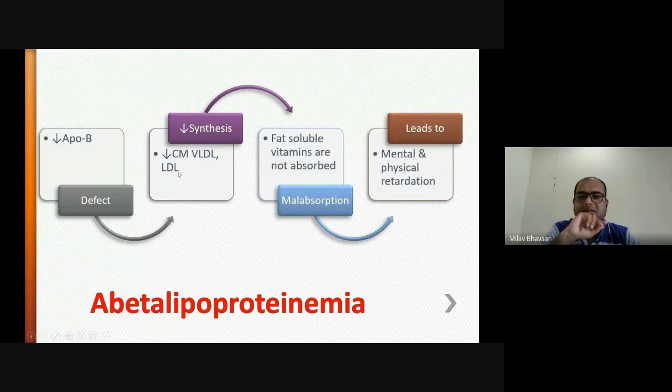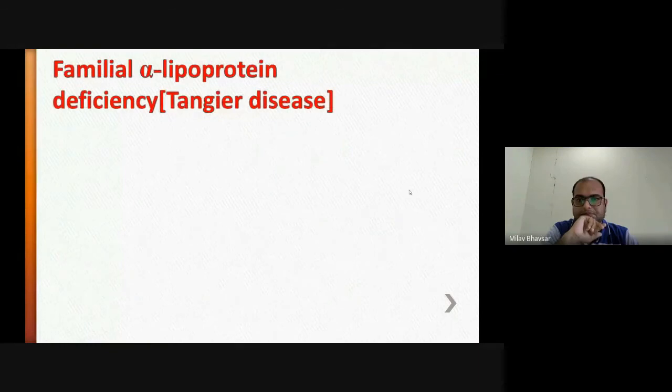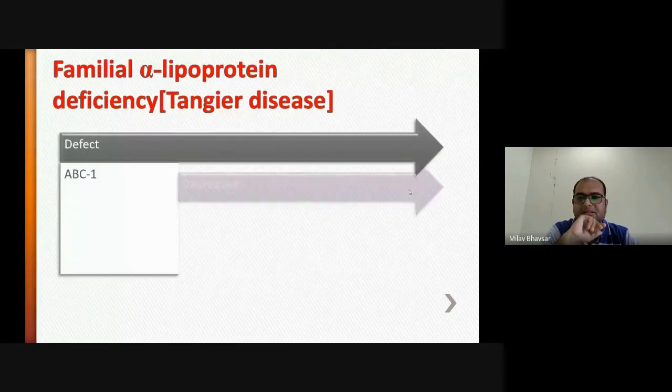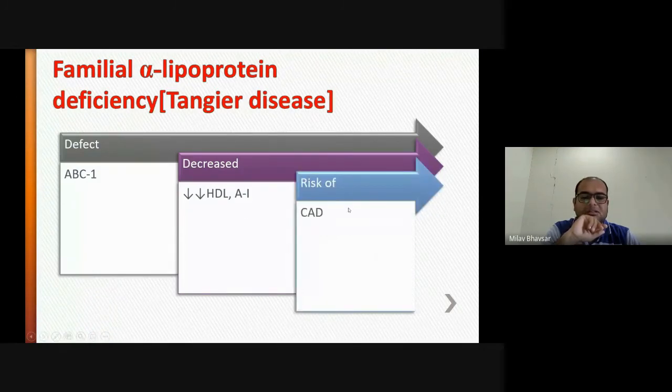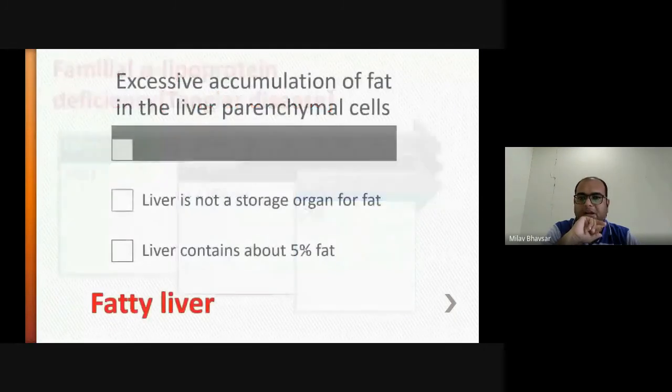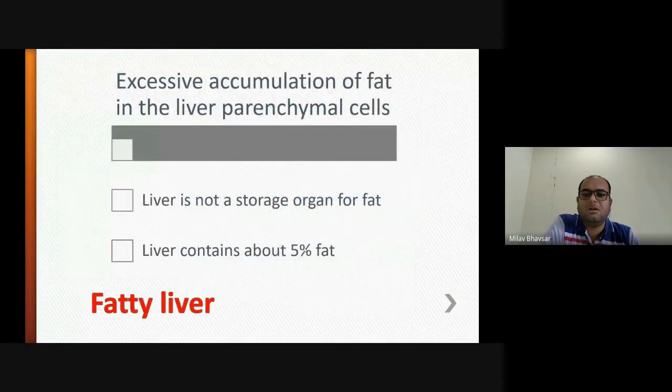ApoB is decreased, low level of VLDL, LDL, fat soluble vitamins are not there. Ultimately, retardation comes. Tangier's disease, what is there? Your HDL will be decreased and causes CAD, cardiovascular disease. And ultimately, you have the fatty liver condition, storage form.